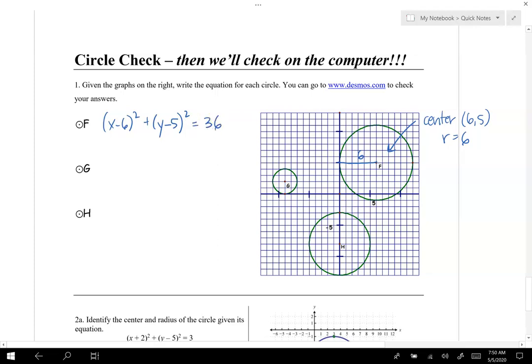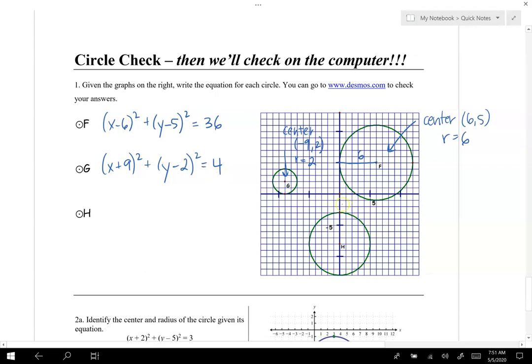Okay? For G, you've got a center at (−9, 2) and a radius of 2. So it's (x + 9)² + (y − 2)² = 2², which is 4.